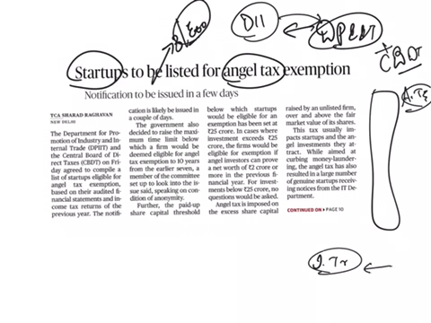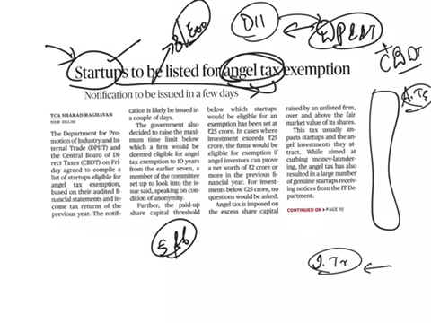For further details on what startups are, the eligibility criteria to be certified as a startup and the criteria to get exempted from angel tax, please check out our previous videos, that is on 5th and 6th of this week.